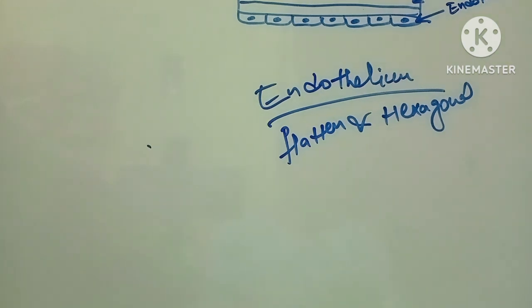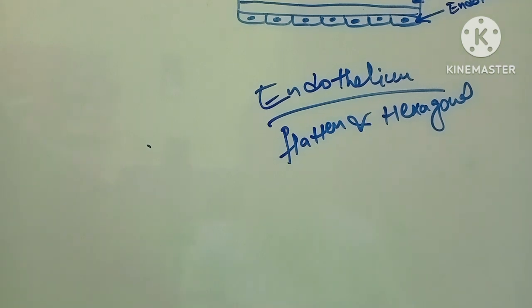It maintains corneal dehydration, which is known as deturgescence. It maintains corneal hydration by pumping the excess fluid out of the stroma.